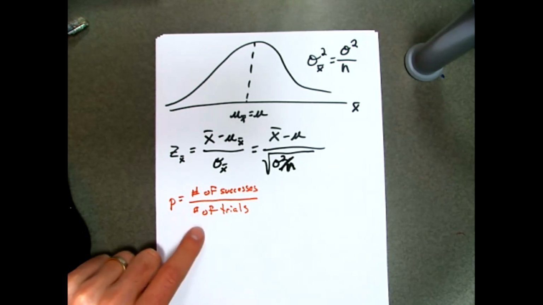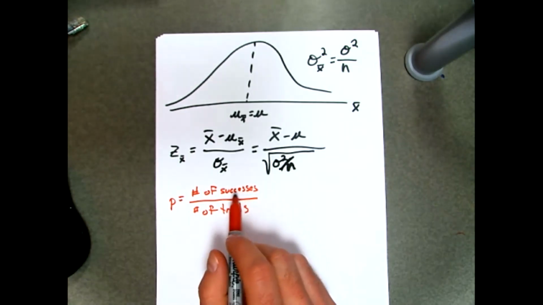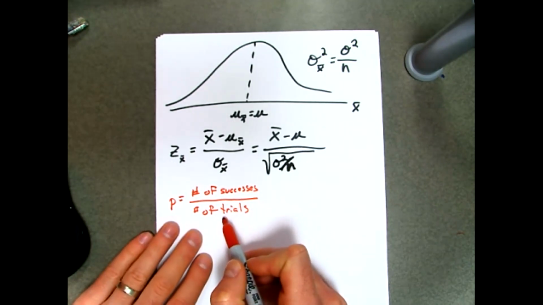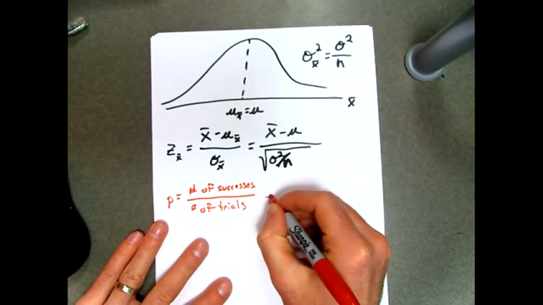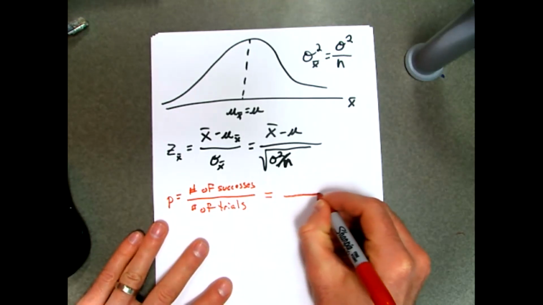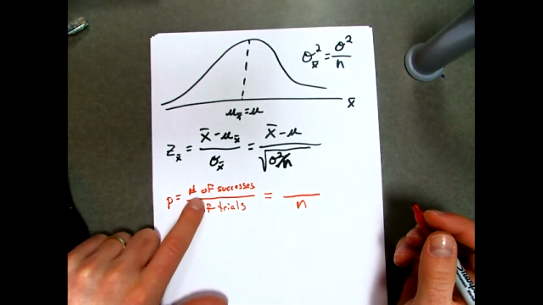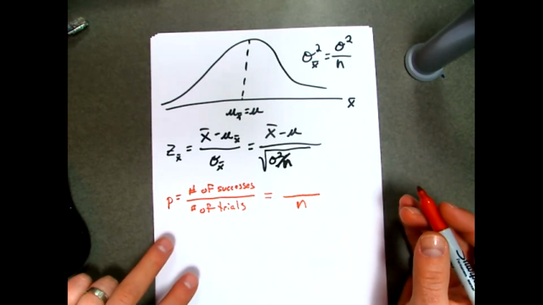The number of trials here is going to be the number of times that I'm looking at them. So this could be as simple as if I'm asking people who they're going to vote for, the number of people who respond with candidate A divided by the total number of people I asked. So the number of trials here is just going to be N, my sample size. The number of successes, well, we're thinking about the average number of successes.